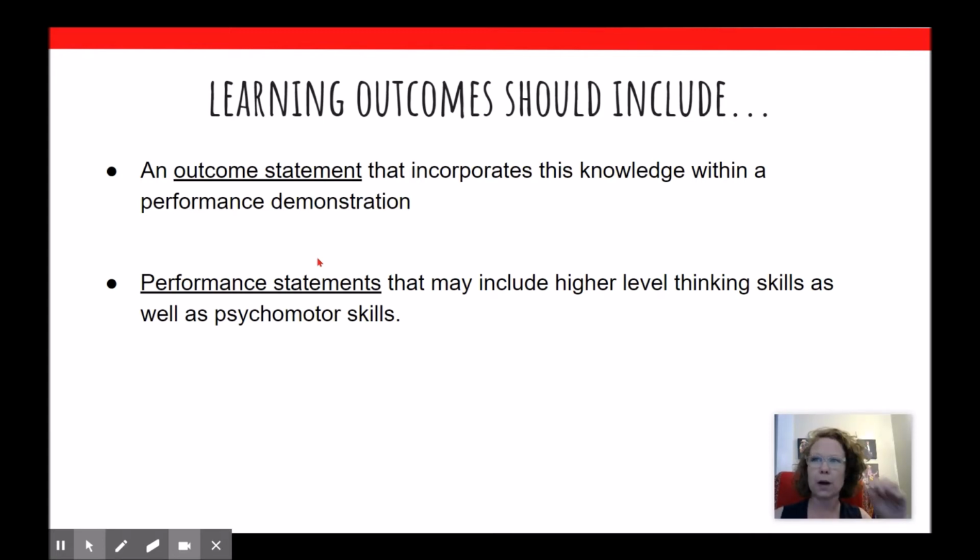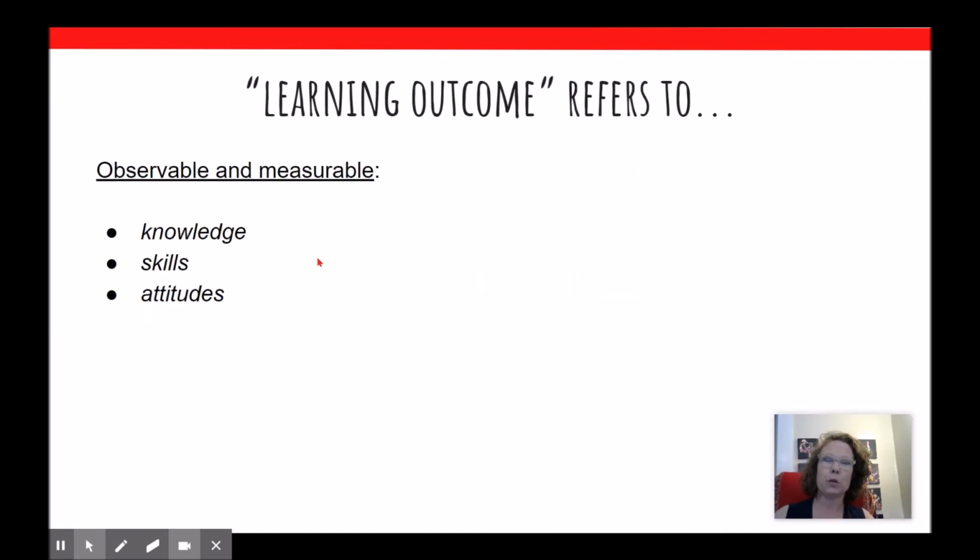So that's the actual outcome statement. And then the performance statement kind of tells you what level that would be on. So the first section is what's the knowledge, and the second section is how would it be measured and what is considered acceptable. So learning outcomes refer to things that are observable and measurable only. You can observe and measure skills, knowledge, and attitudes.